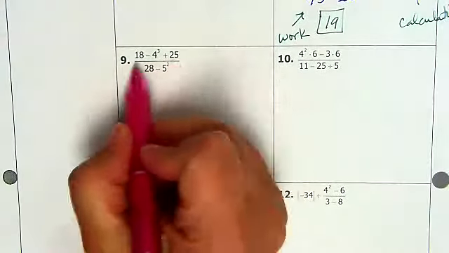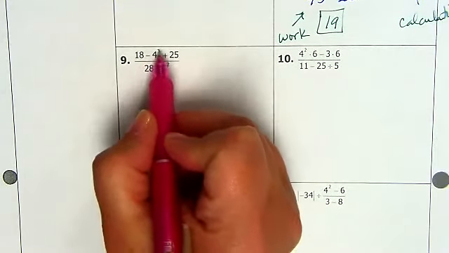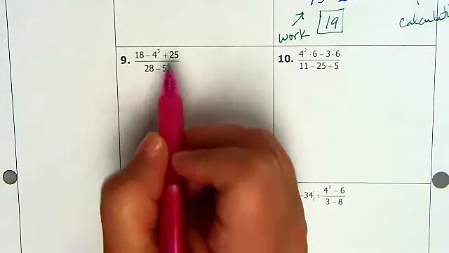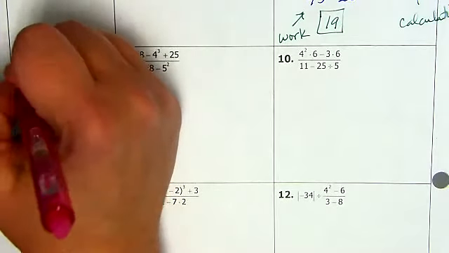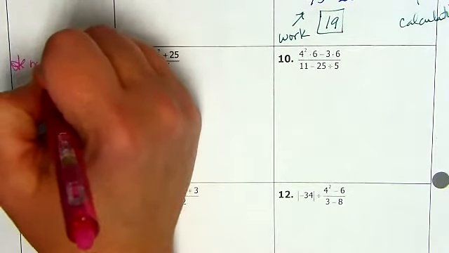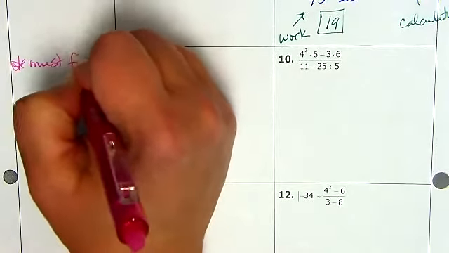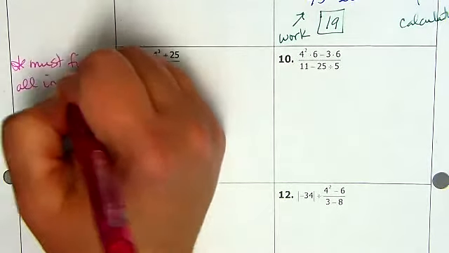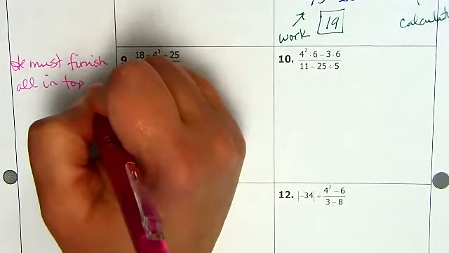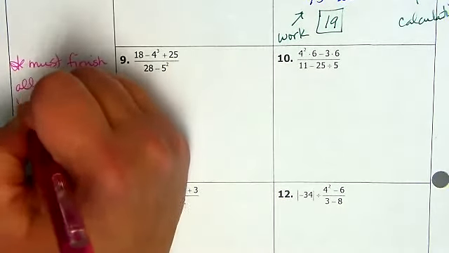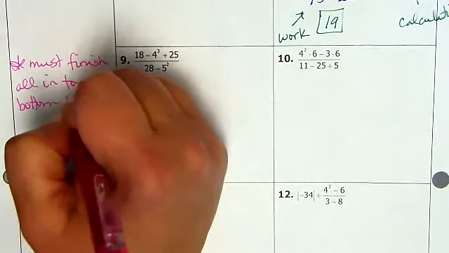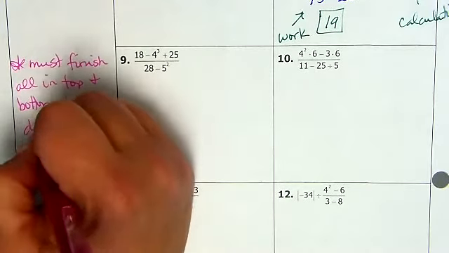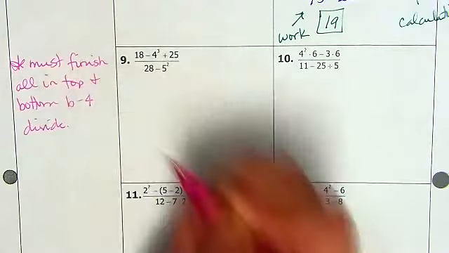Okay, this fraction bar, that means I'm going to do everything in the top and then everything in the bottom and divide last, okay? So must finish all in top and bottom before divide.